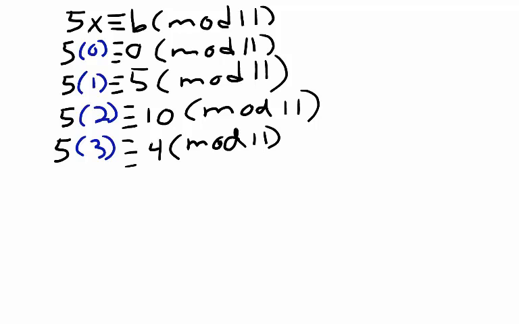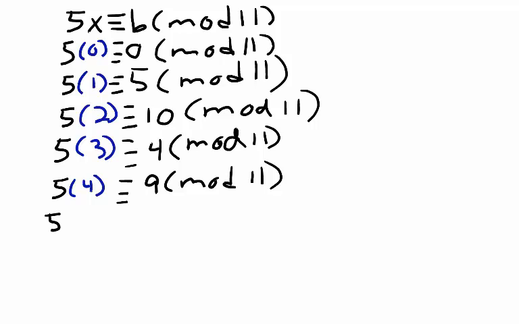And this is because 11 divides into 15, our product of 5 times 3, one time with a remainder of 4. Five times 4 is congruent to 9 mod 11. Since 11 divides into 20 one time with a remainder of 9.